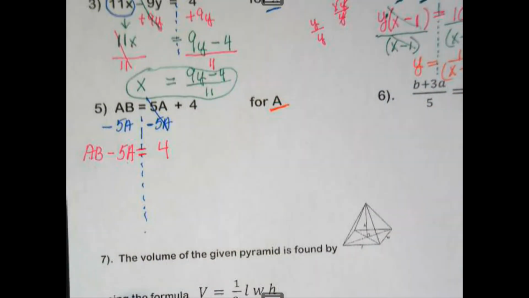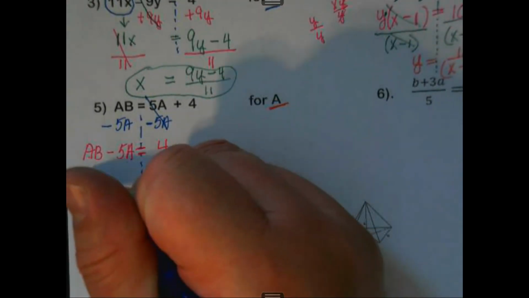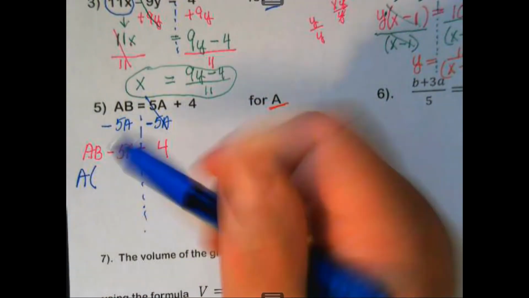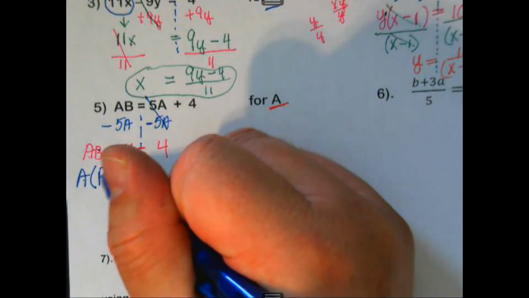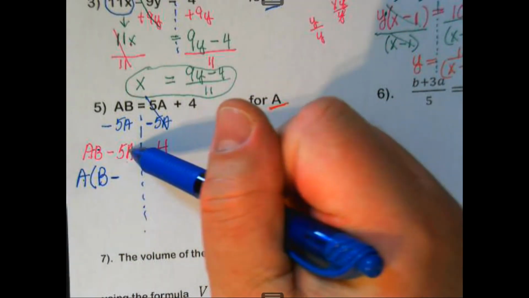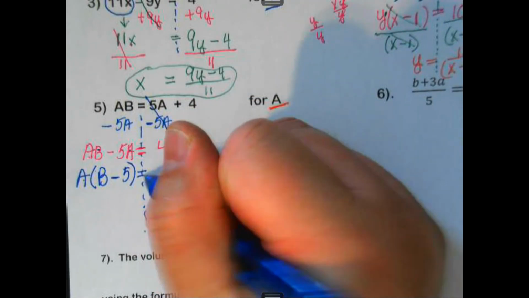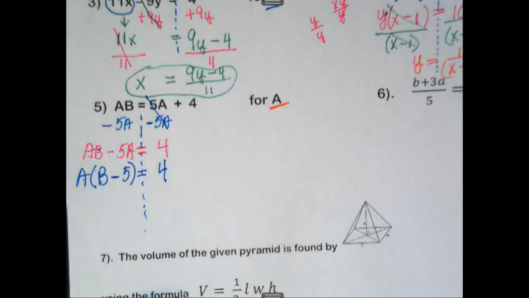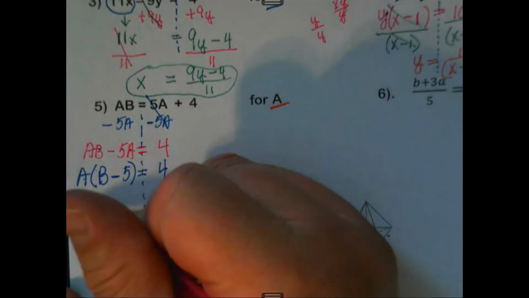And now I'm going to undistribute the capital A. So AB divided by A is B. 5A divided by A is 5. Undo the multiplication between the A and the quantity B minus 5.